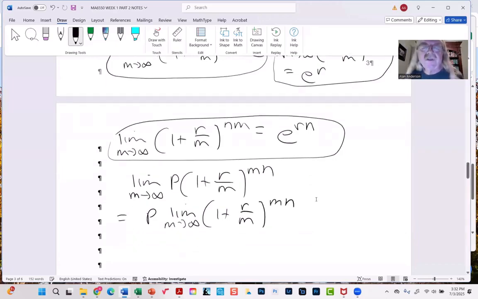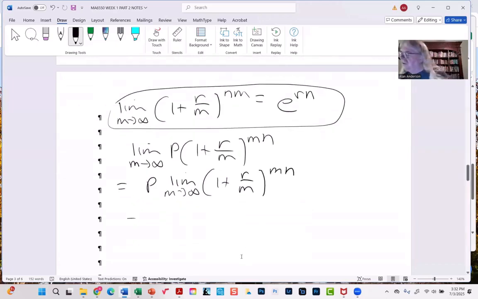And then, of course, since the limit of that expression is equal to e to the Rn, that implies that our final result is Pe to the Rm.